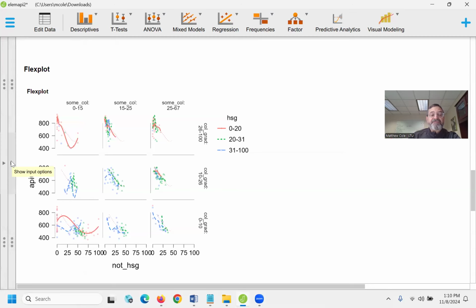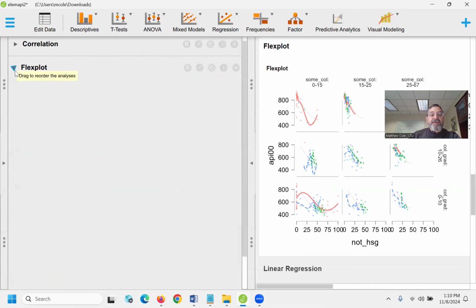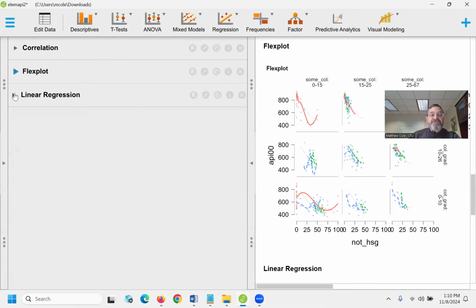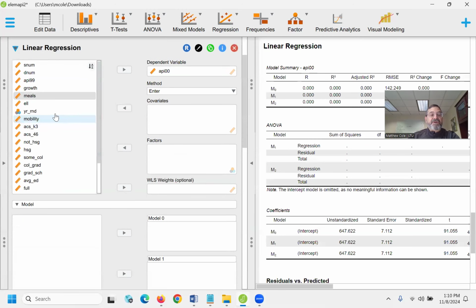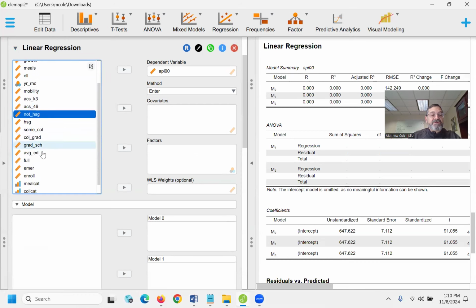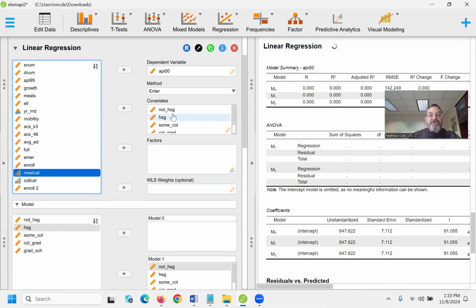So that's pretty cool. All right, and then let's do this stepwise to explore now. Let's put in all of these, not high school through grad school. So this group of 5 will all go in here as predictors. They're all continuous variables, so they're covariates.